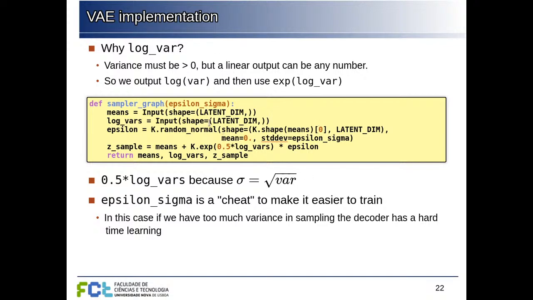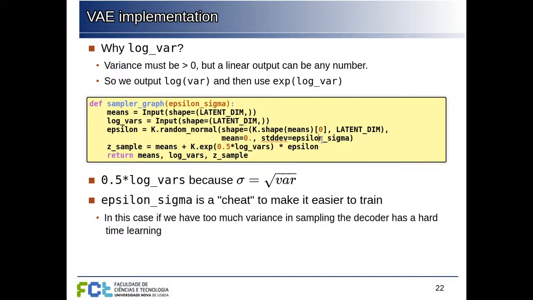So this will be the number of random values that we are drawing, and we will use a random distribution with a mean of 0 and a standard deviation that in theory should be 1.